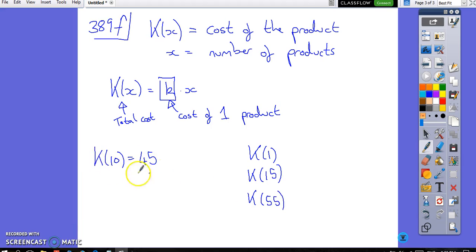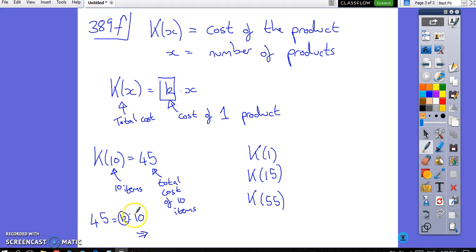So first of all, what does this mean? Well, this means that the total cost for buying 10 products, so 10 items, is 45. So because I know that this formula holds, I know that 45 is equal to k times 10, where k is the price of one of the items.